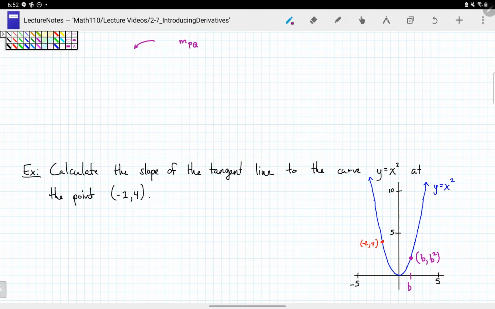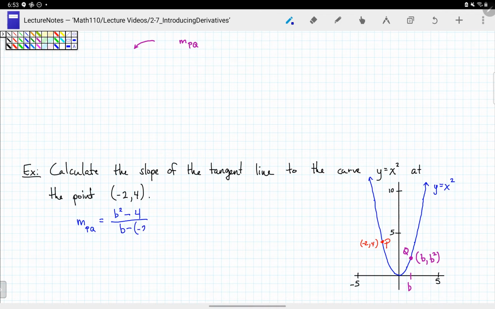So if I call the first point P and the second point Q, then the slope through P and Q is going to be b squared minus 4 divided by b minus -2.